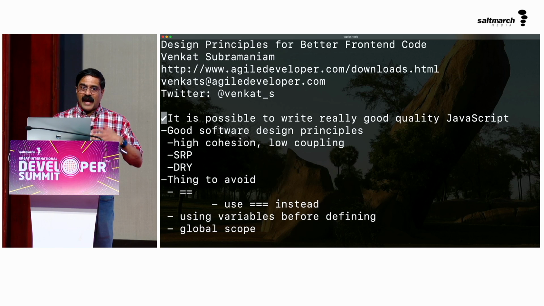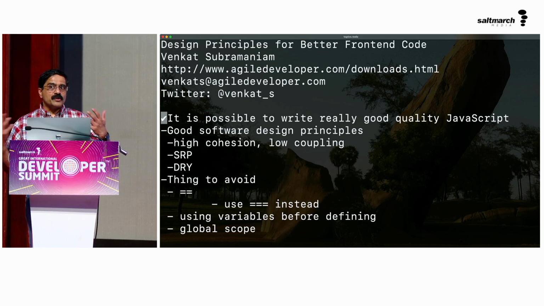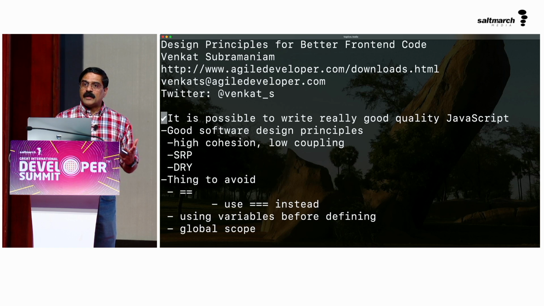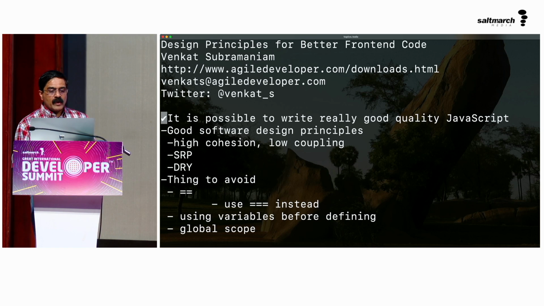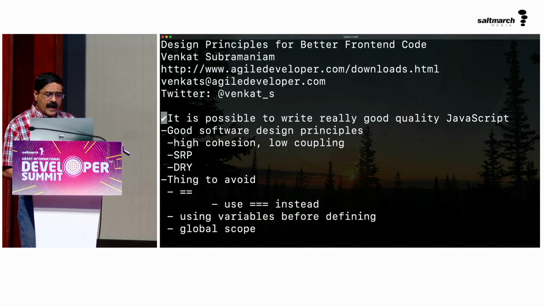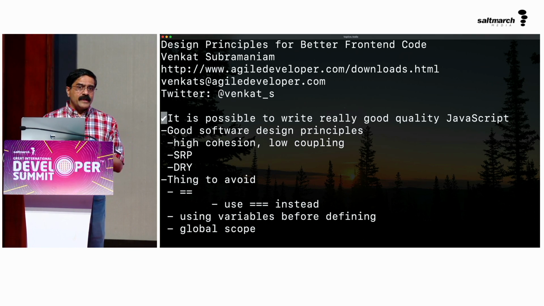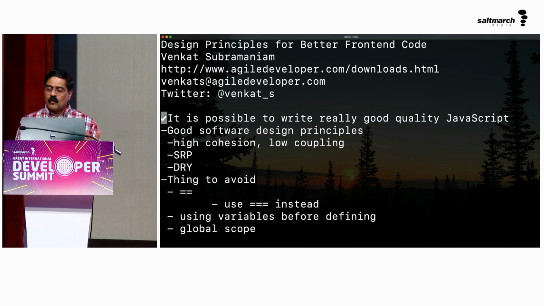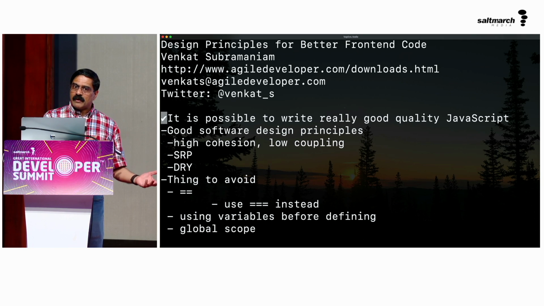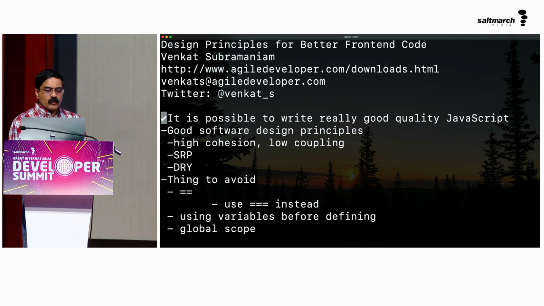You can use them in any language, so they apply to JavaScript as well. And we definitely should make use of those when we write the code. But on the other hand, there are a few things we also need to be very careful about in how we write JavaScript, because that can lead to much worse JavaScript if we're not careful. So I'll talk about some of those things here as well, and we'll take a look at it.